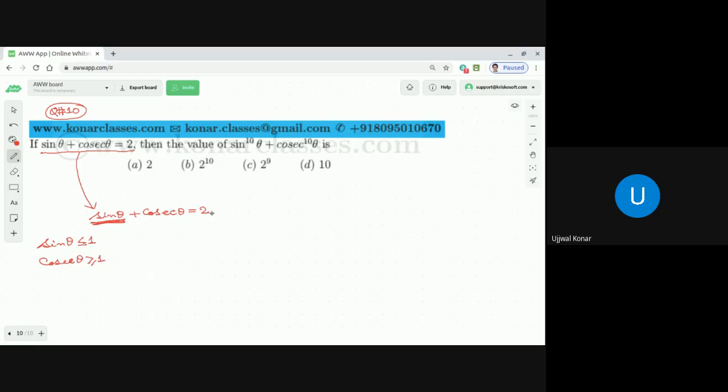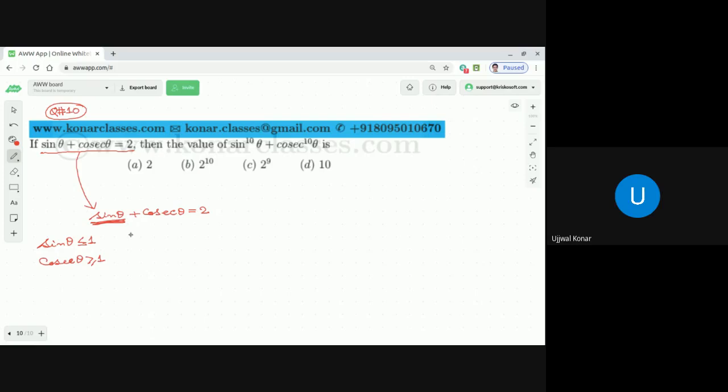Correct or not? So this equality is only going to be true if both sine theta is equal to 1 and cosec theta is equal to 1. Otherwise, it is impossible.